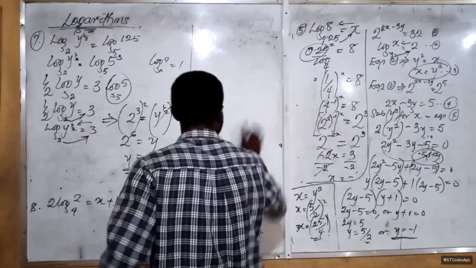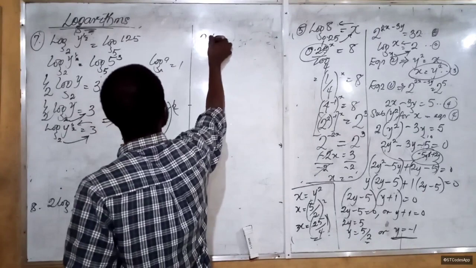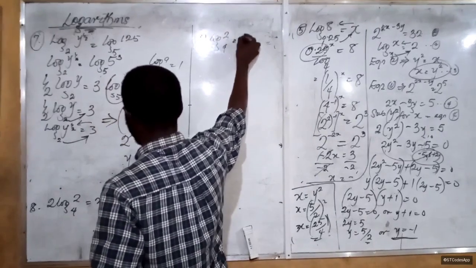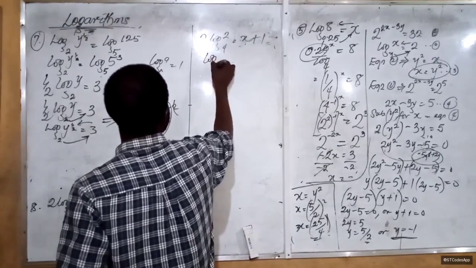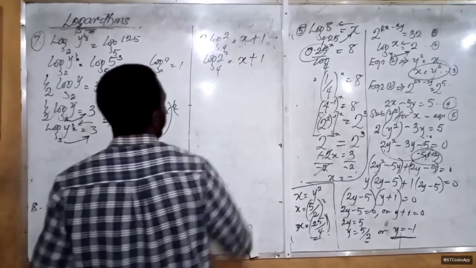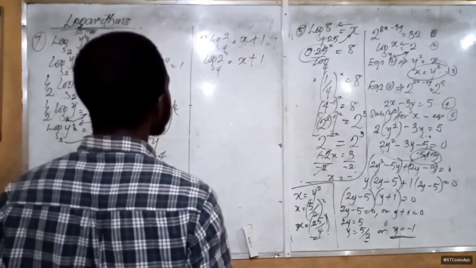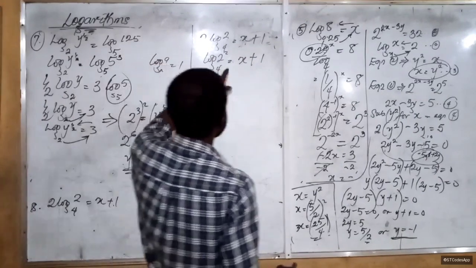Number 8 question says that 2 log 2 to the base of 4 is equal to x plus 1. So one thing you can do is bring this power back. That becomes log 2 squared to the base of 4 is equal to x plus 1. From what I'm seeing here, there are two ways we can do it.